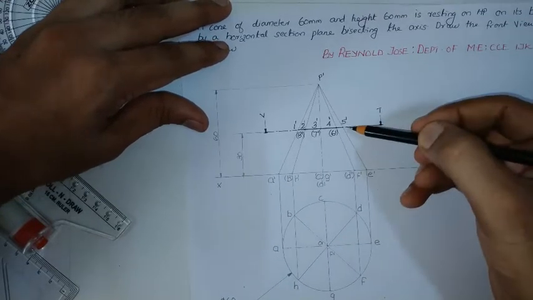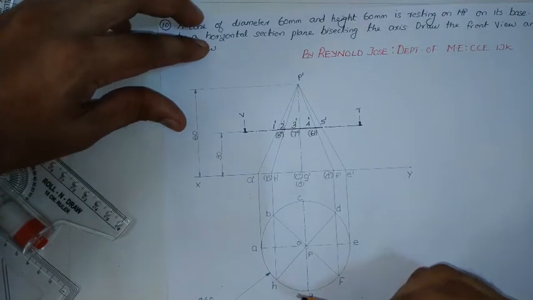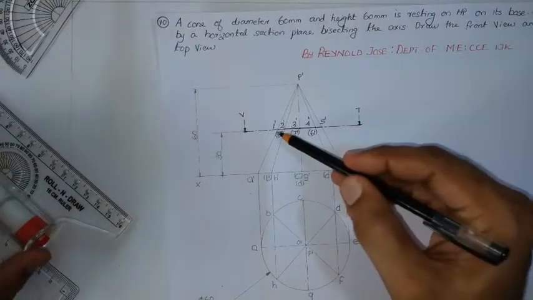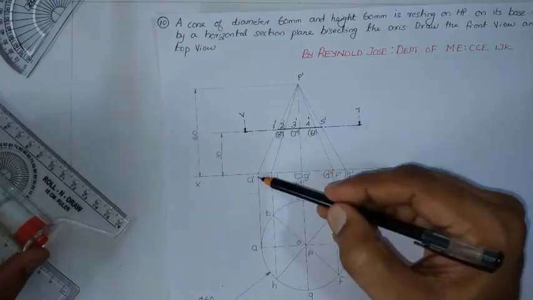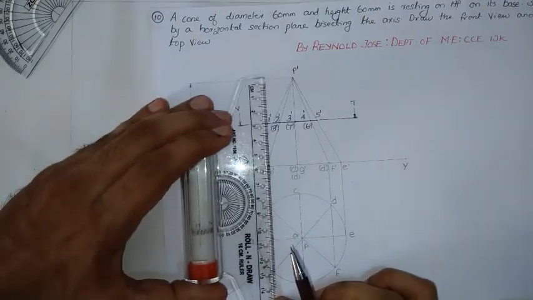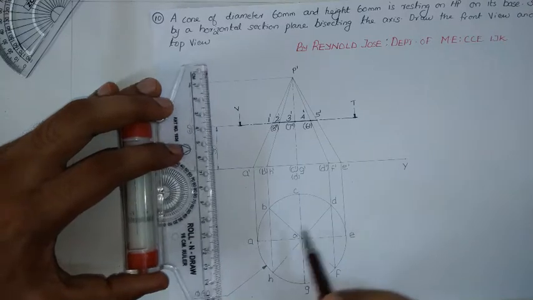Now let us transfer these points to the top view. So let us transfer it one by one. So 1' is on P'A'. So let us transfer 1' to PA. So this is generator PA.